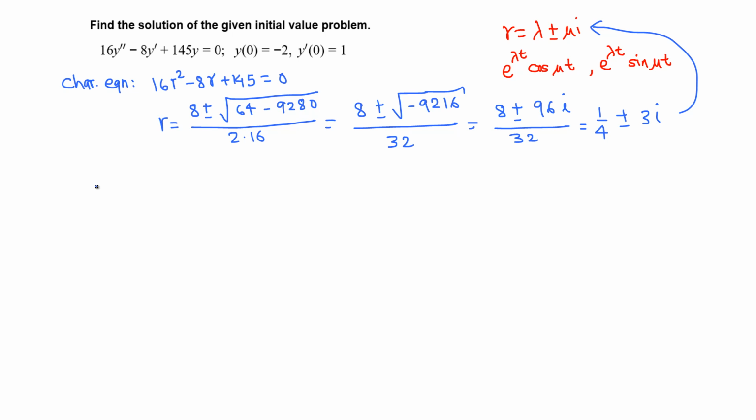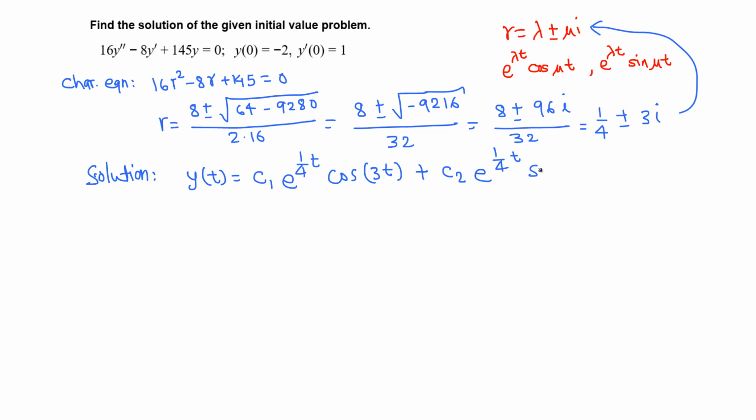So we write down the solution. y as a function of t is C1 times the first solution, e to the 1/4 t cosine mu t, so cosine 3t, plus C2, same thing but cosine is sine now, e raised to 1/4 t sine 3t.